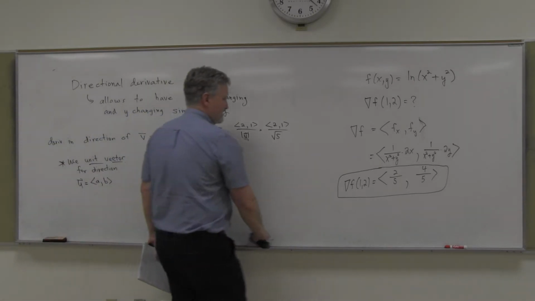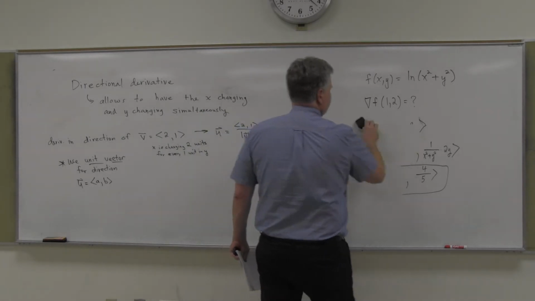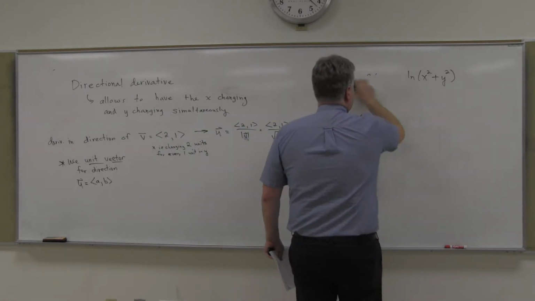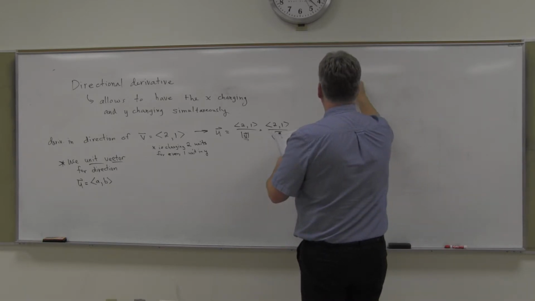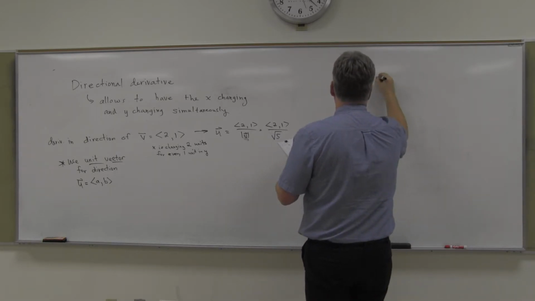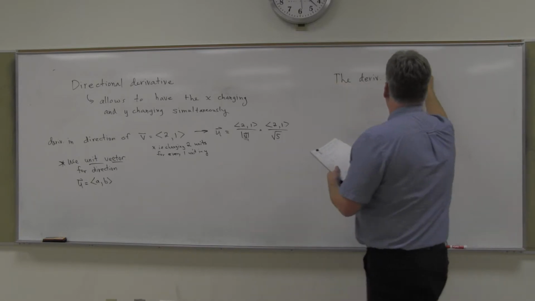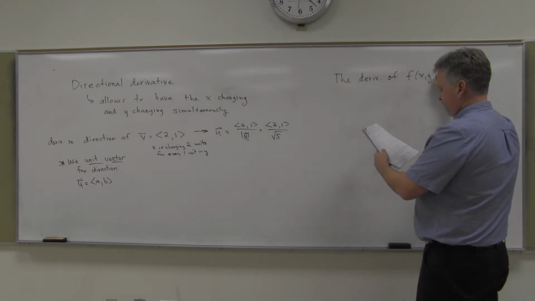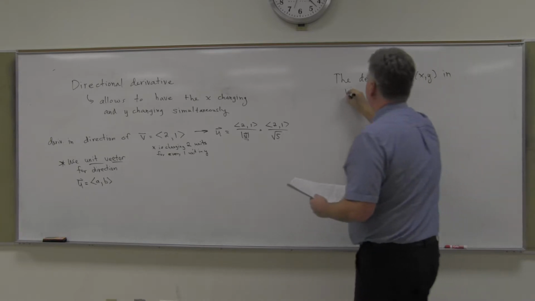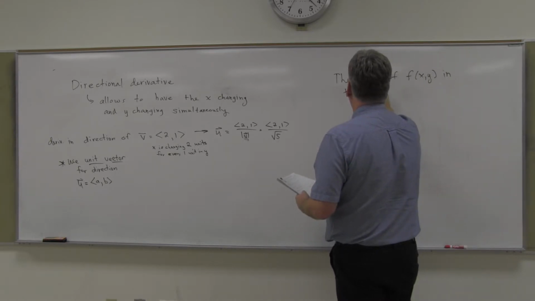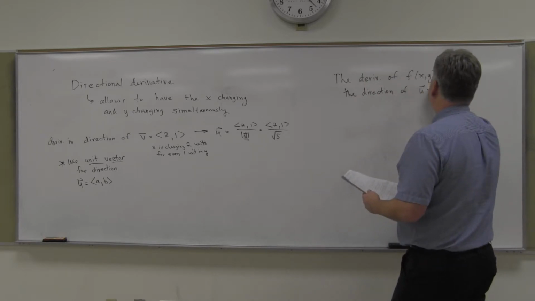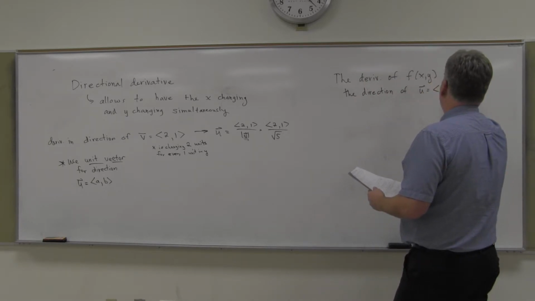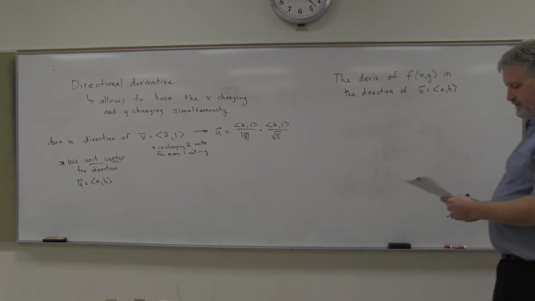Here is then what is called the derivative of f of x, y, a two-variable function, in the direction of u equals a, b, where again u is a unit vector.